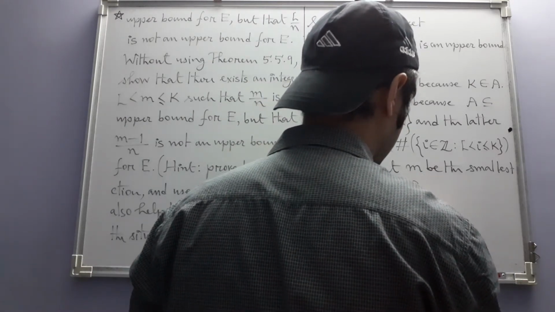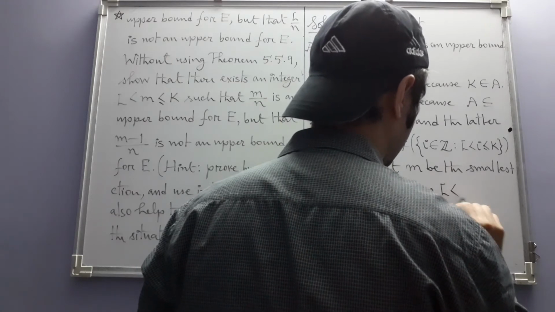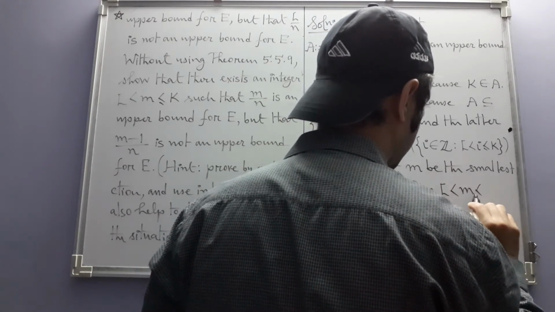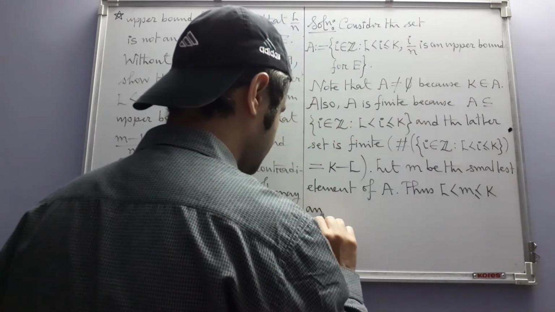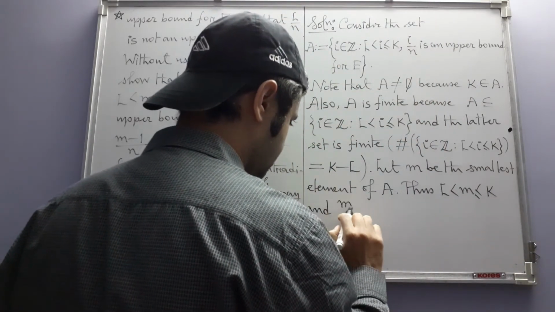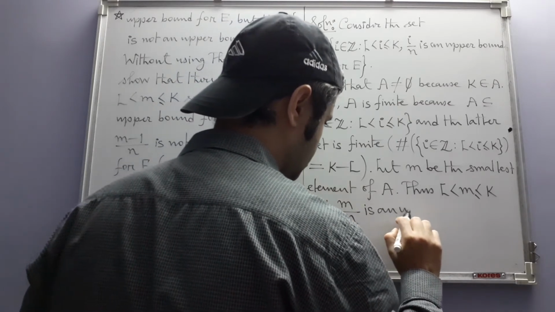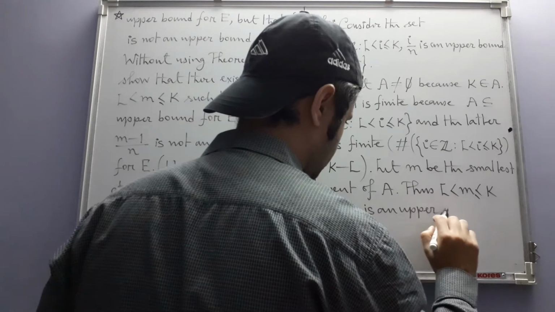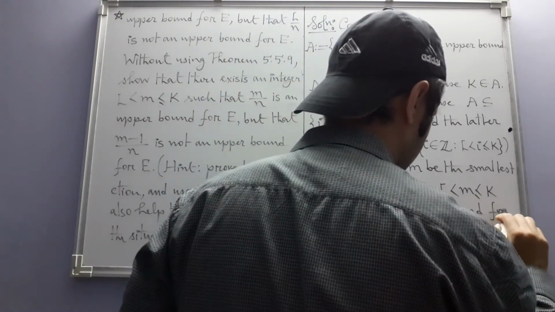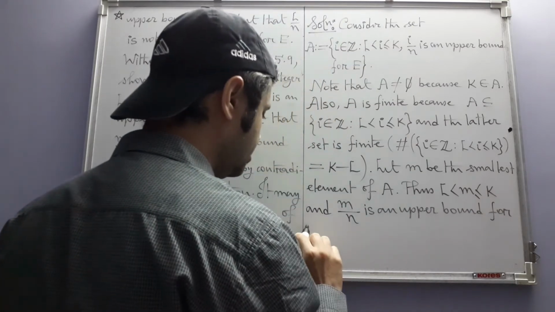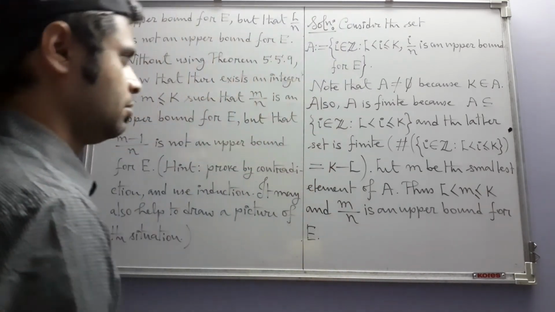Thus, L is less than M is less than or equal to K, and M by N is an upper bound for E. Okay.